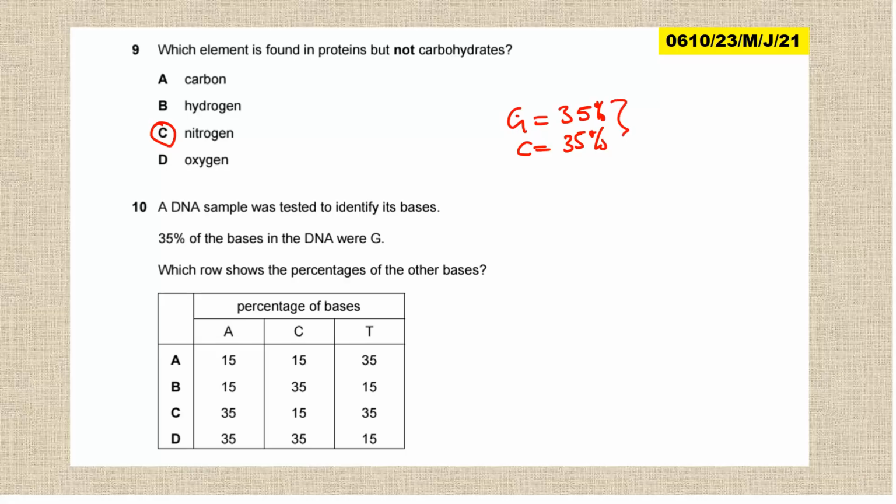Now, these two make up 70%. So which means what remains, 30%, is shared between A and T. Which row shows the percentage of other bases? So we have A, C, T. So this is 35, 15, 15, because we share this into 2. So the answer is B.